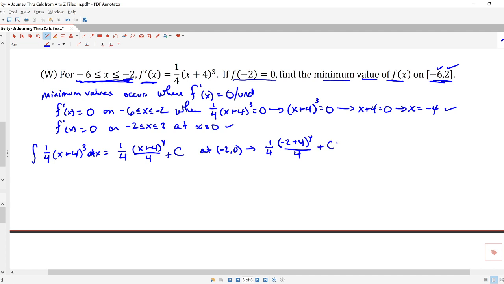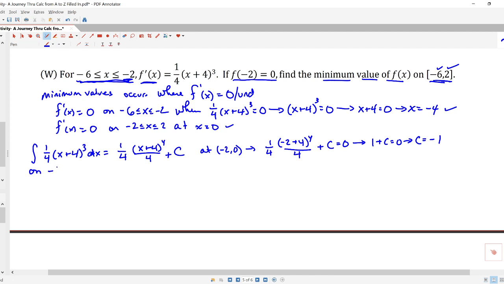Plus c equals 0. So -2 plus 4 is 2. 2 to the 4th is 16. 16 divided by 4 is 4. 1/4 of 4 is 1. So we get 1 plus c is 0. So c is -1.